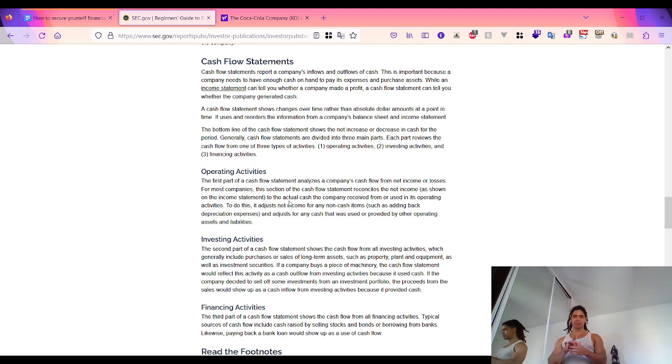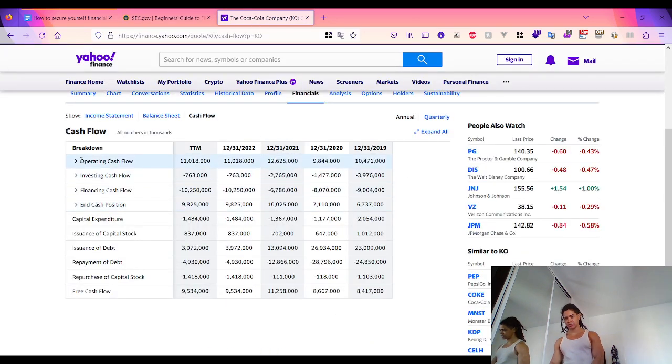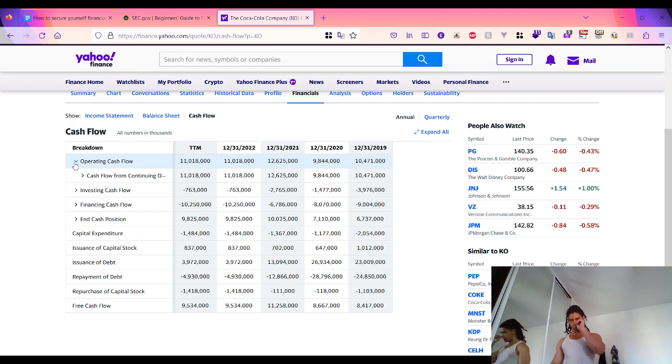So while an income statement can tell you whether a company made a profit, a cash flow statement can tell you whether a company generates cash. And the cash flow statement shows change over time rather than the actual dollar amount.